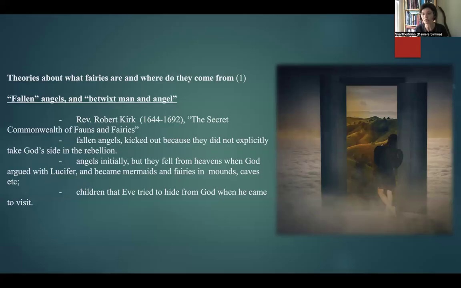Reverend Robert Kirk, he was a Scottish pastor. He was a minister. He was a church person, highly educated. Among those who reached the highest levels of education at his time were clergy. And he had a very keen interest in fairies and fairy related phenomena, which was quite dangerous.